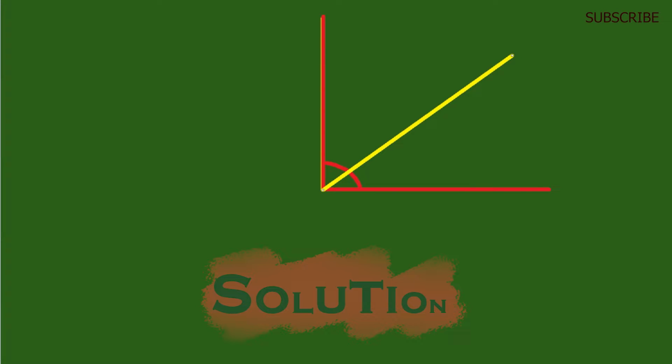smaller, right? Let me make this line just below, in blue, so that you will understand it better. The angle between the yellow and blue line, which is this one, is less than the angle between red and blue.